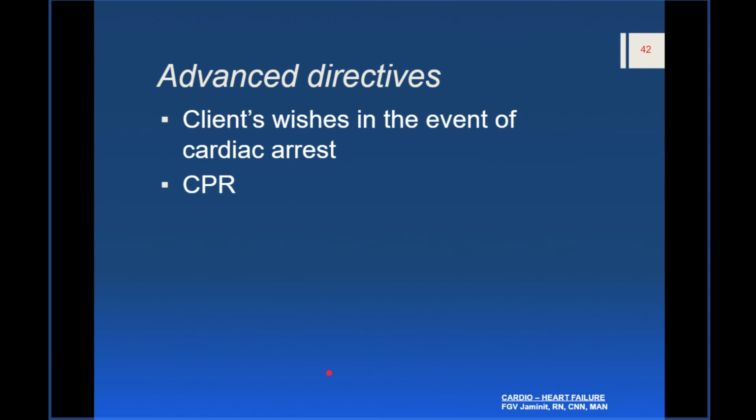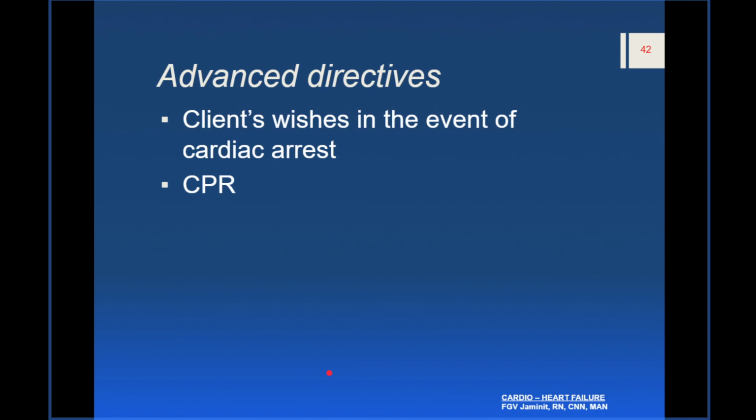Advance directive is not much talked about in the Philippines, but at least we do offer advance directives to our patients. In the event of cardiac arrest, kung gusto pa niyang magpa-perform ng CPR or maybe he would want to have a do not resuscitate order.